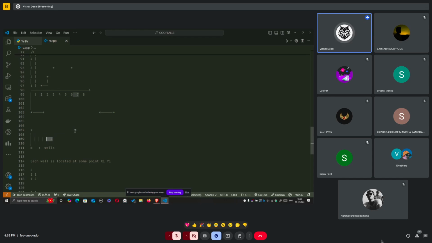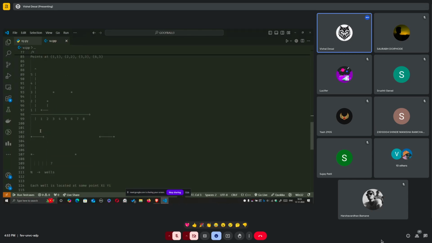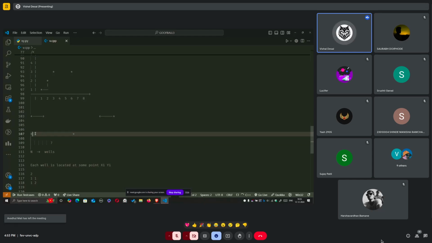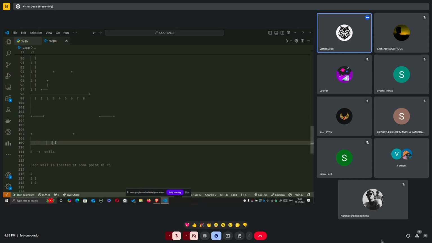At each second, a channel grows 1 unit from these 2 points, that is, from this point to the right and from this point to the left, right? So how much time will be required to connect these 2 points?